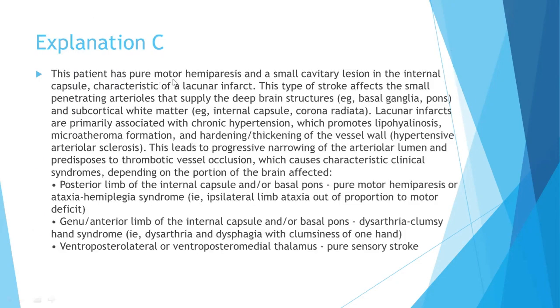Now, this patient has pure motor hemiparesis and a small cavitary lesion in the internal capsule, characteristic of a lacunar infarct. Now, this type of stroke affects the small penetrating arterioles that supply the deep brain structures and subcortical white matter. Lacunar infarcts are primarily associated with chronic hypertension, which promotes lipohyalinosis, microatheroma formation, and hardening or thickening of the vessel wall.